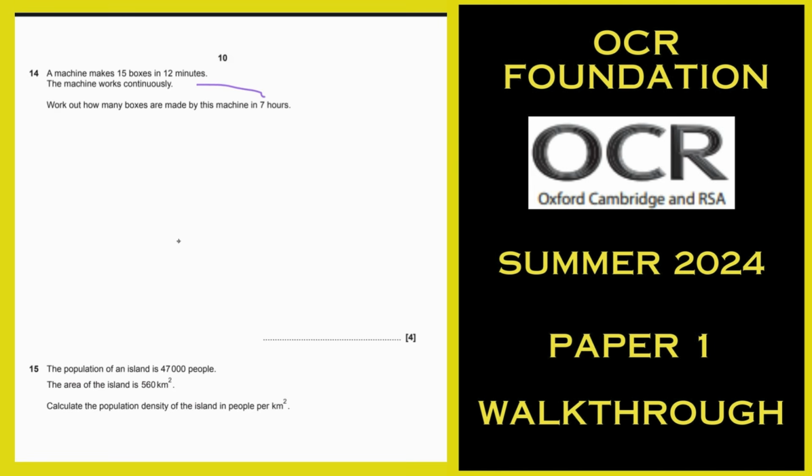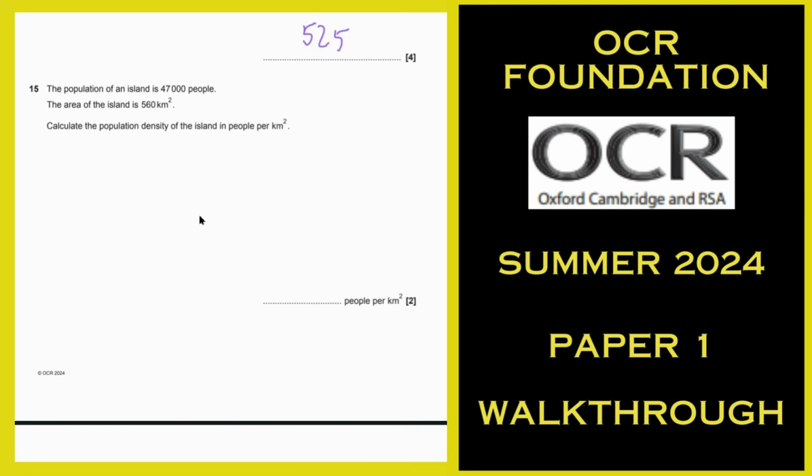To go from 12 minutes to 1 hour, you times it by 5, 60 minutes. To go from 1 hour to 7 hours, you times it by 7. That's it. Take your number of boxes. That's how many are made in 12 minutes. That's how many are made in an hour. That's how many are made in 7 hours. It's 525.